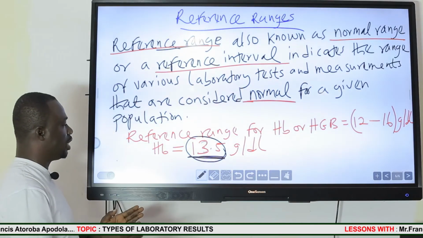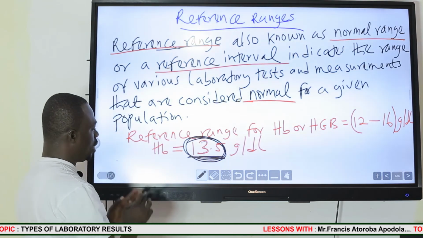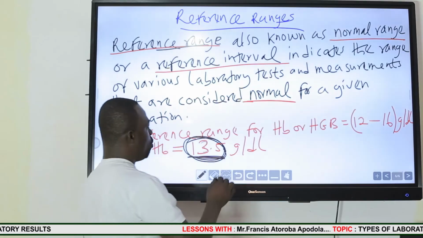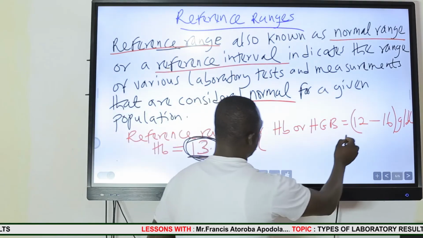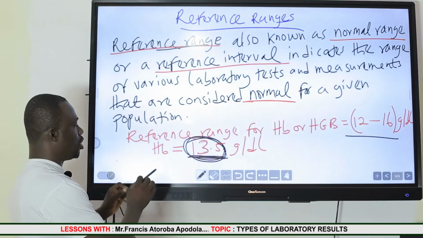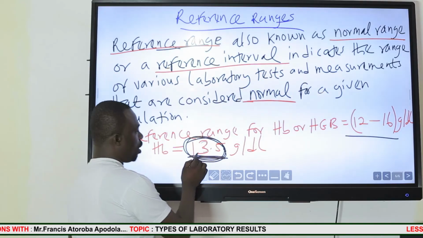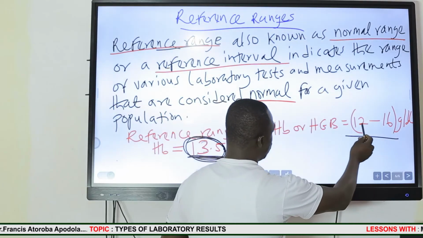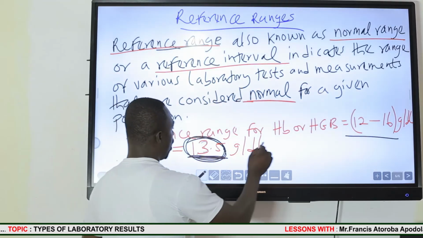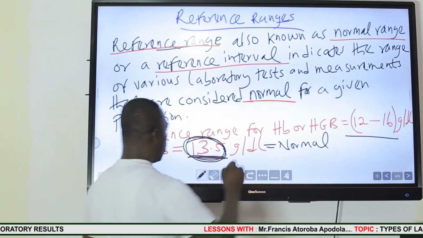So if I want to know whether this particular test result is normal or abnormal, I will compare it with this reference range, because that is the reference range for a female individual. Looking at the value, 13.5 lies between 12 and 16, and this means that 13.5 is a normal result.